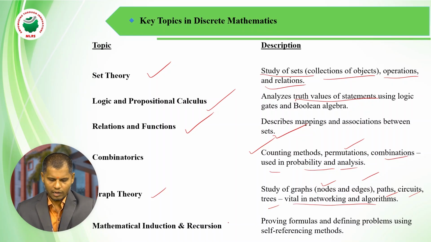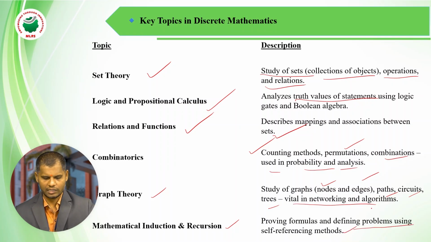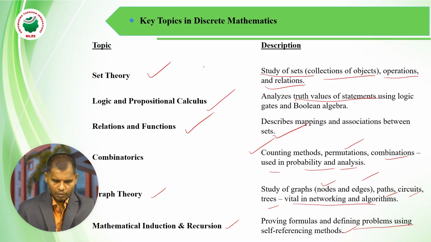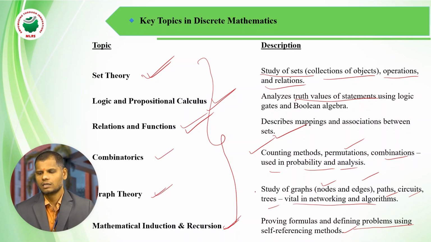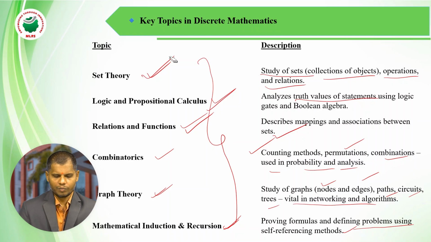Next, mathematical induction and recursion. Here we prove values and define problems using self-reference methods. So these are the main key topics in discrete mathematics: set theory, logic and propositional calculus, relations, functions, combinations, graph theory and mathematical induction.